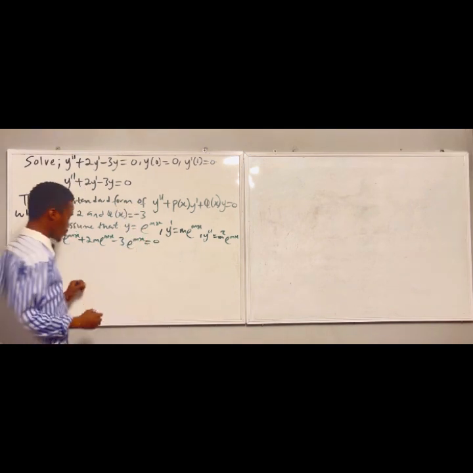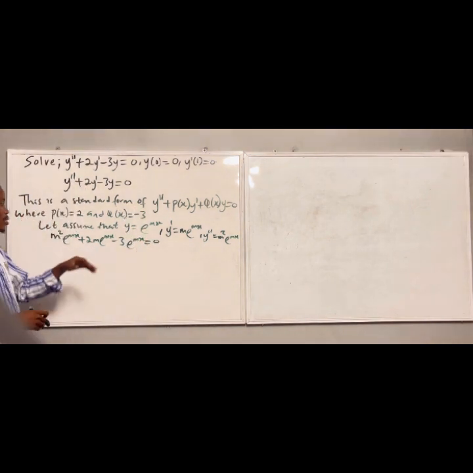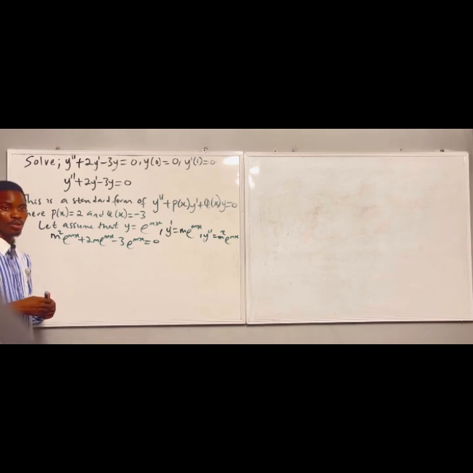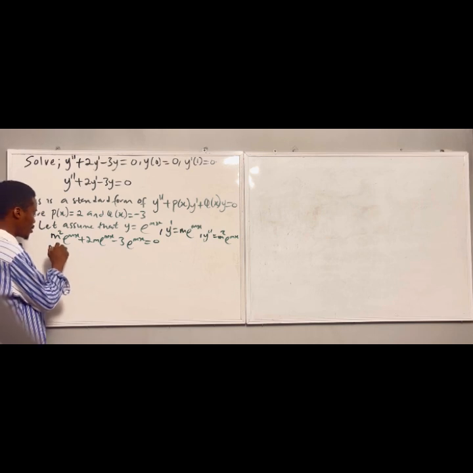is equal to 0. I can factor the common term outside, or I can divide both sides by the common term, which is what? Exponential mx. So let's divide through.